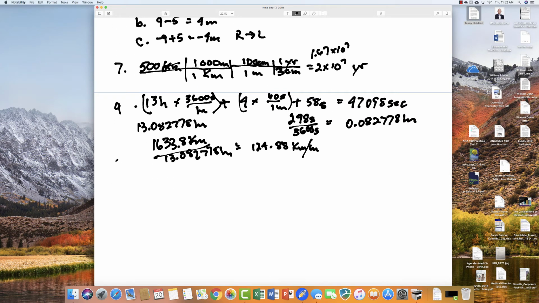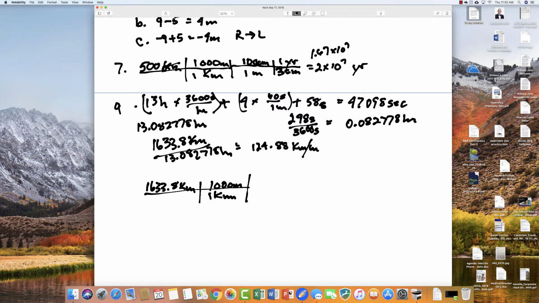Now, it also asks us to calculate this in meters per second. And so we have 1,633.8 kilometers, and 1 kilometer is 1,000 meters.